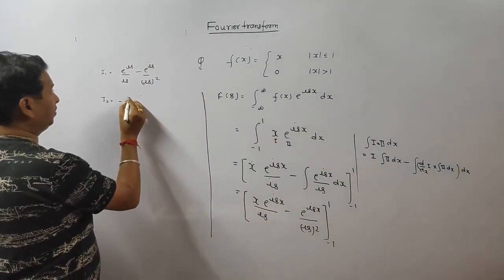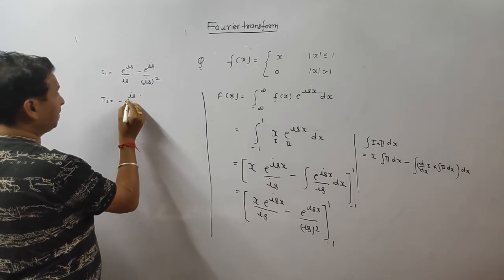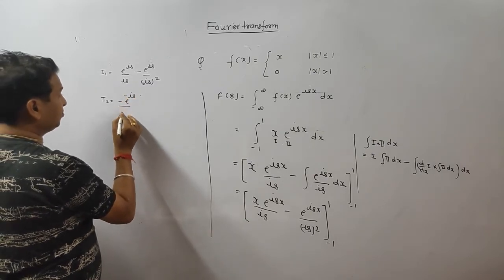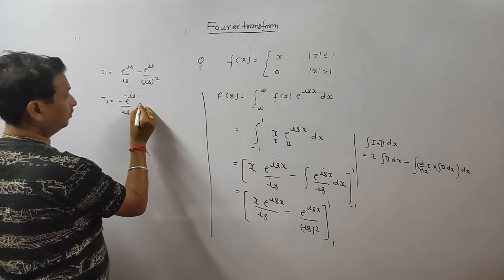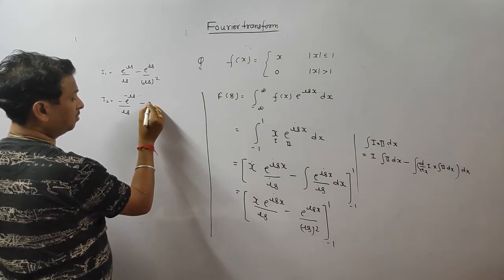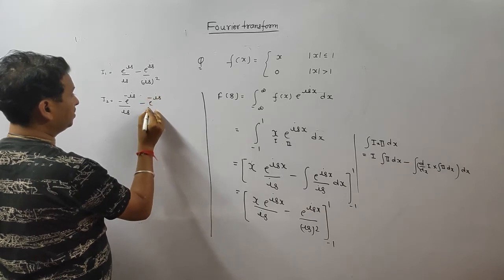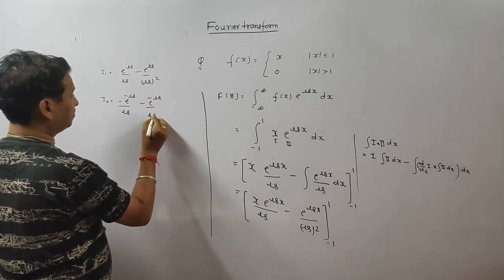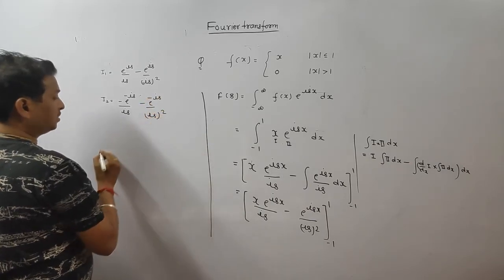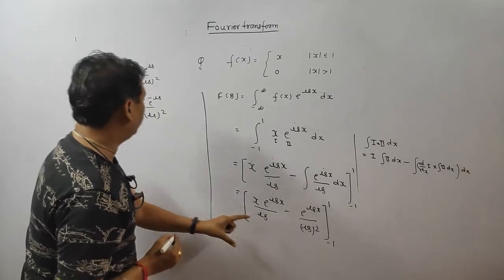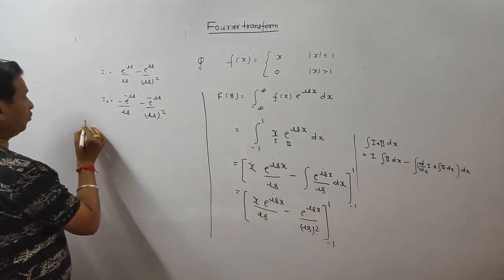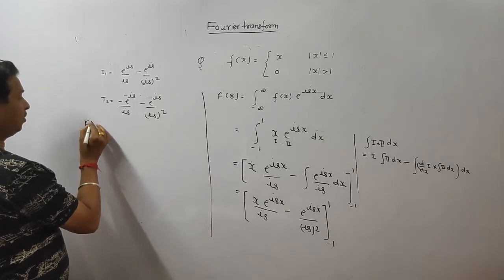Minus e to the power minus iota s upon iota s minus e to the power minus iota s upon iota s whole square. Now for this integral value, what is your F(s)?